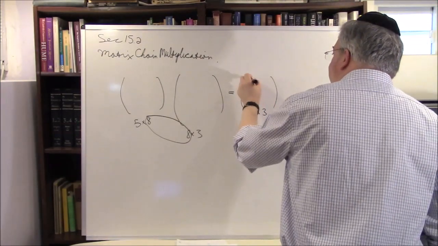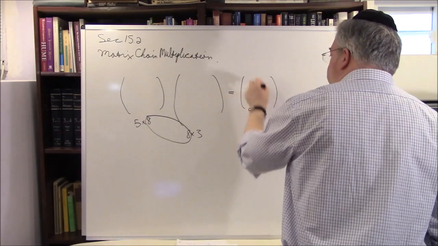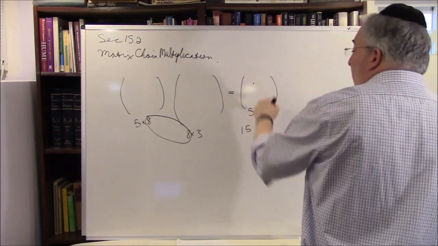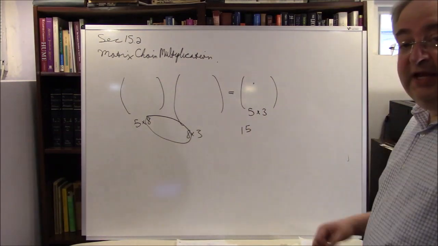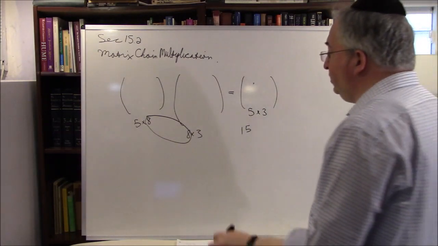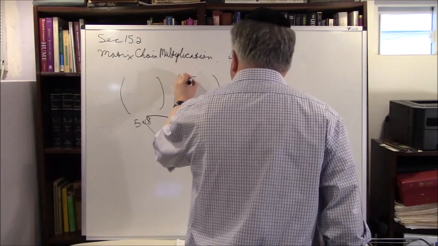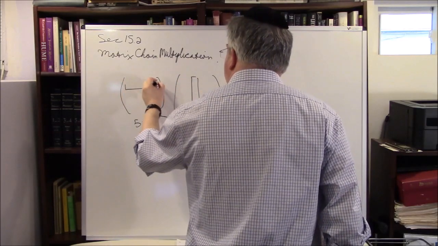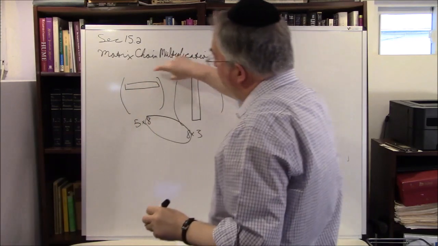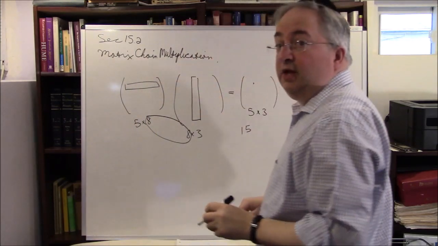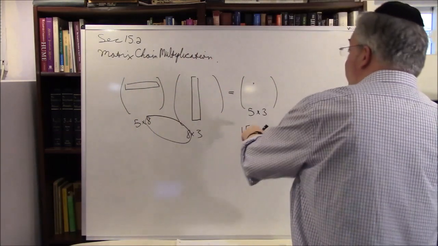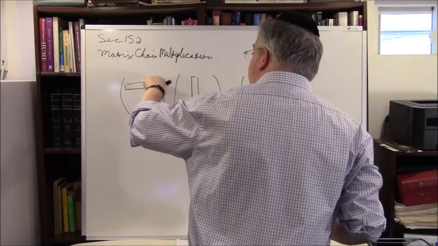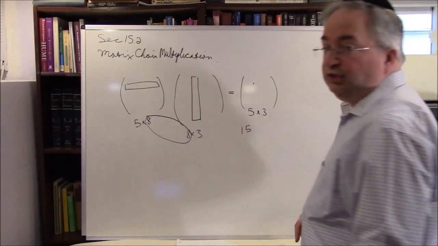You have 5 rows by 3 columns, so you have 15 boxes to fill in. And for each one of those 15 boxes, you have to take a row and a column, fly over and multiply each one out. So for 15 boxes, you're going to have to do 8 multiplications each.